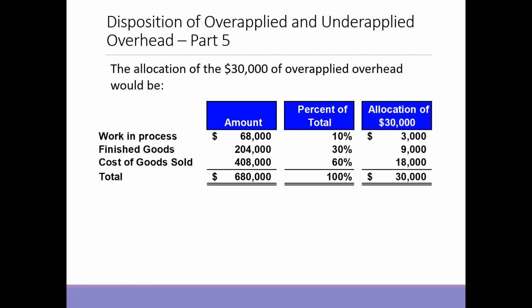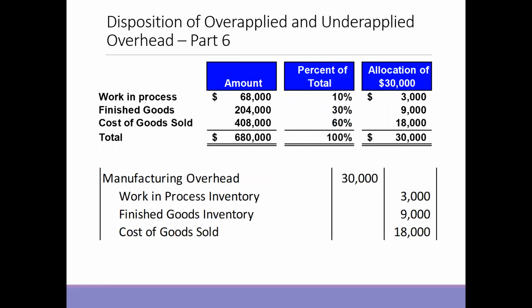In that case, work in process will decrease 3,000, finished goods will decrease 9,000, and cost of goods sold will decrease 18,000. Okay? Make sense?